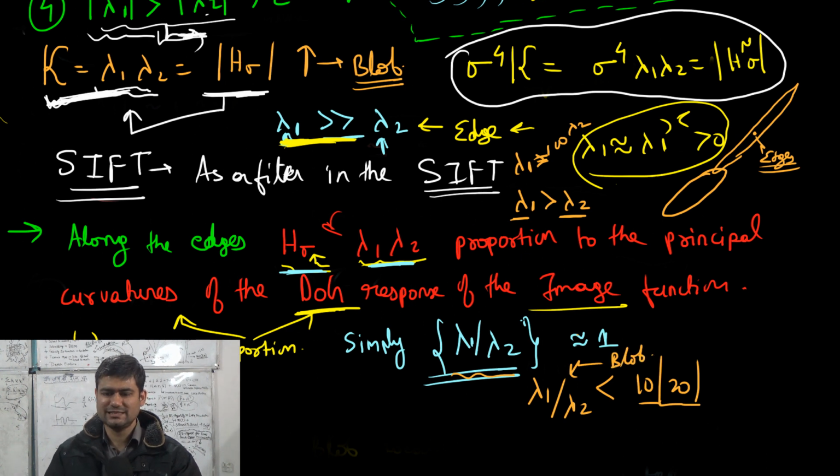But if the ratio exceeds this threshold, we can call it tau 1, then we remove that point as a candidate blob point, and this point is filtered out.